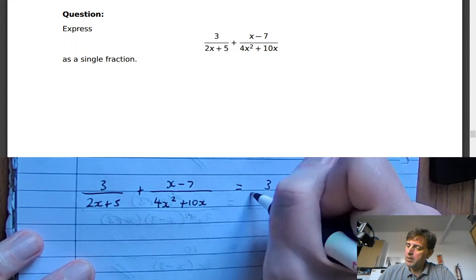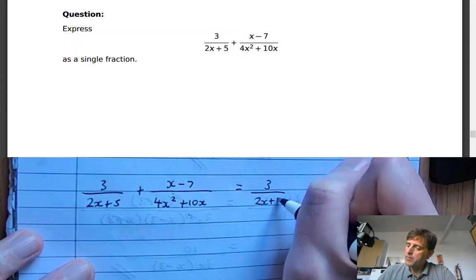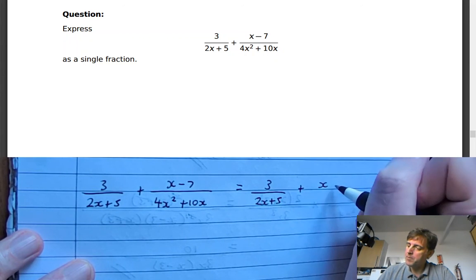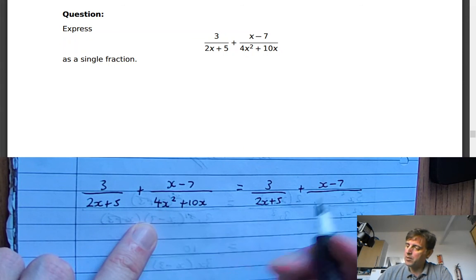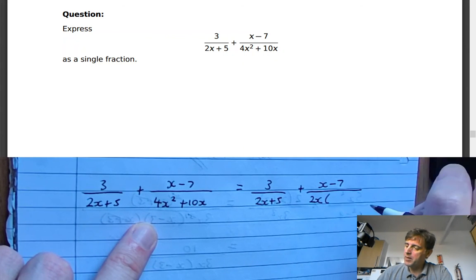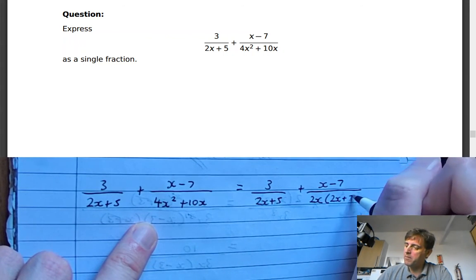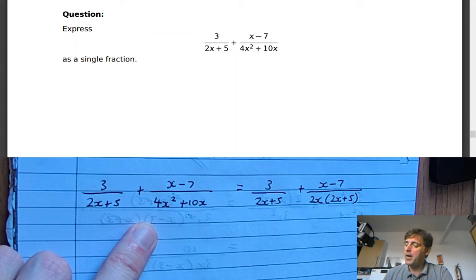So we're going to end up with, in that second fraction, a denominator of, I can see that 2 and x I can pull out as a factor. I think we end up with 2x plus 5 as the other factor here. Hey, that looks promising because 2x plus 5 is now a factor of both of these denominators.